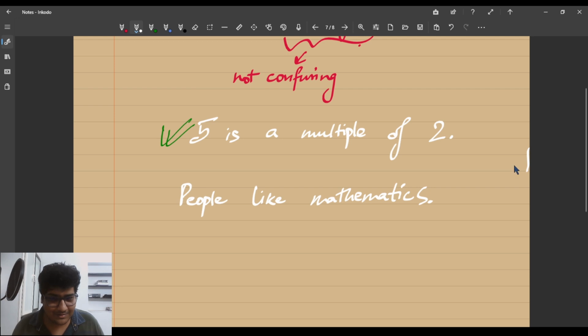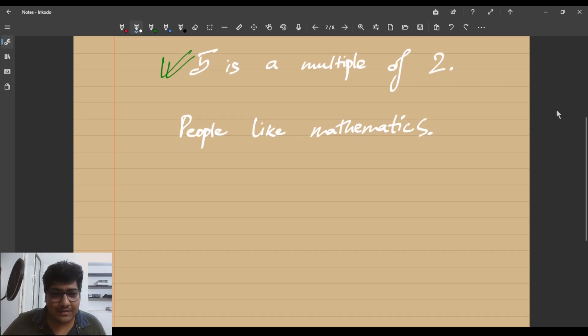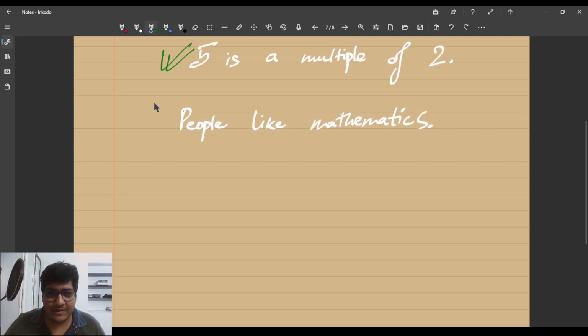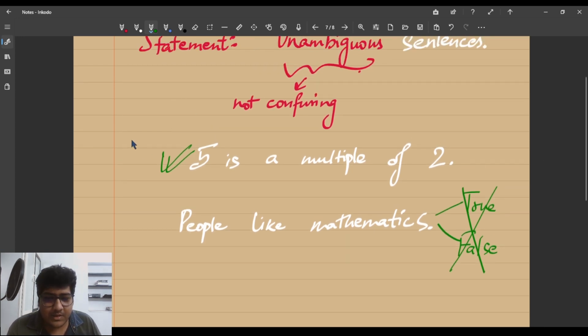It depends on, okay, I won't go further, but it depends on the person. This is not a true or a false statement, so you cannot put a truth value to it. So this is not a statement. This is just a sentence. This one is a statement.